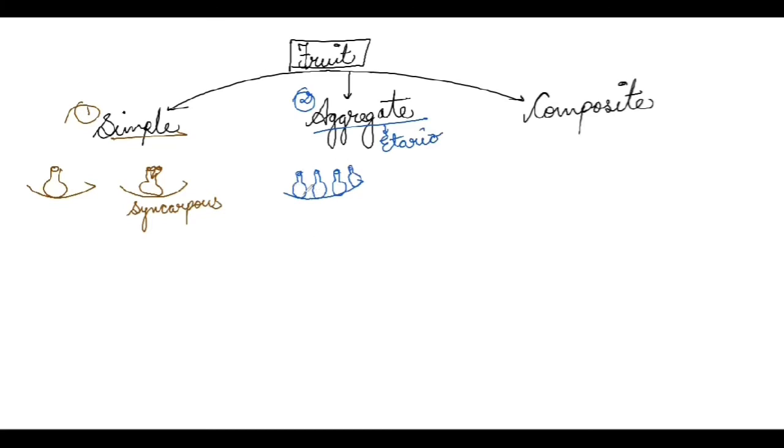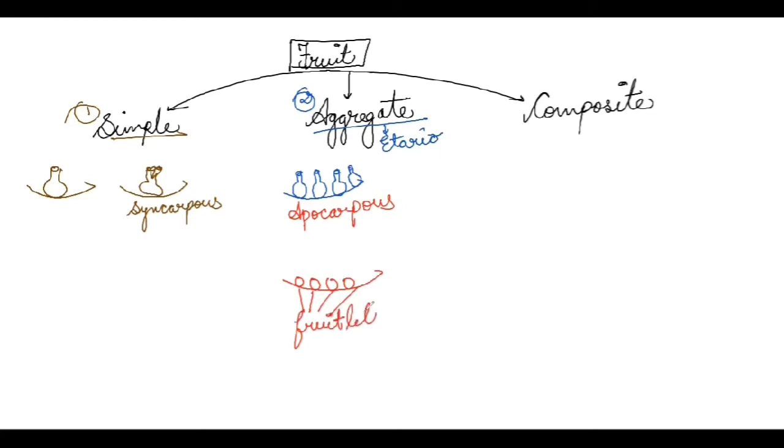Now, these carpels will form a fruit in the apocarpous condition, meaning they will not fuse with each other and each of them will form a separate fruit. So now I am drawing separate fruits like this. All these are forming separate fruits, and each of these fruits from the separate carpels is known as a fruitlet.